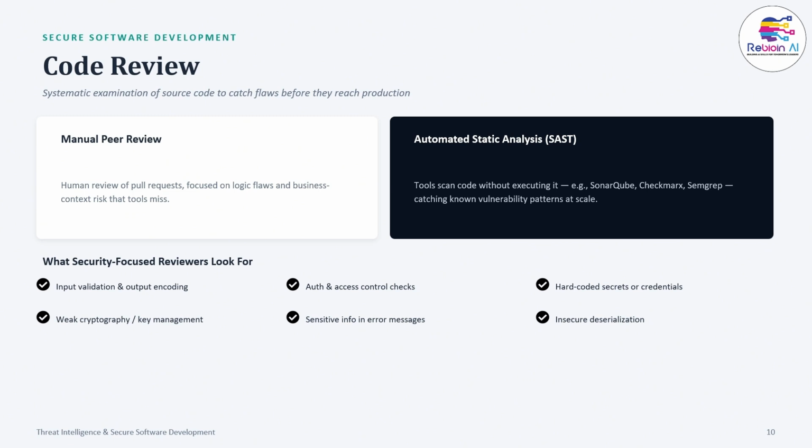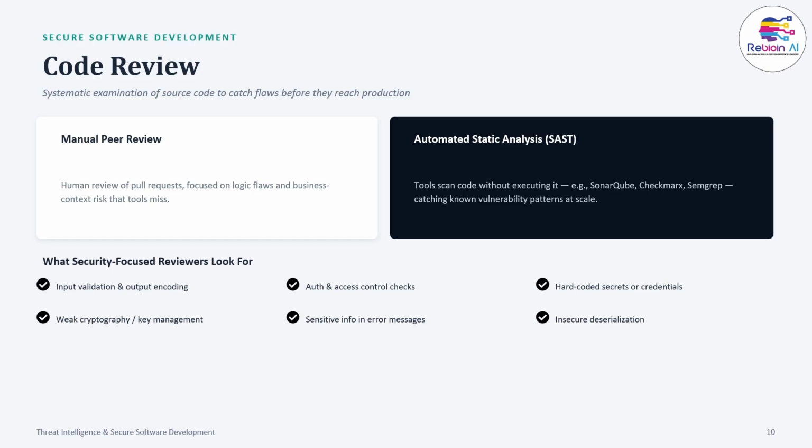This is incredibly fast and catches things at massive scale. For example, a SAST tool can scan 10,000 lines of code in seconds and immediately flag line 245, where you are inserting user input directly into a database query. This is vulnerable to SQL injection.